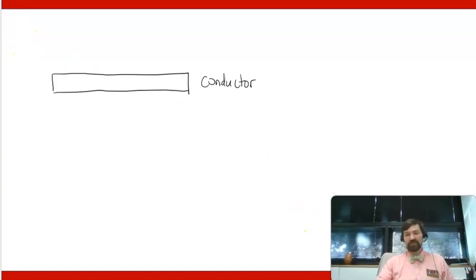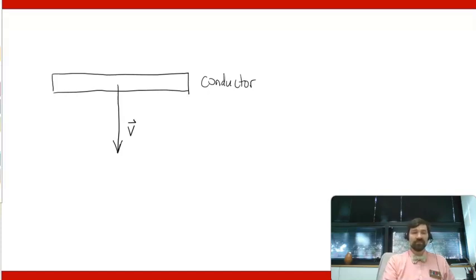Now let's assume that I'm allowing this conductor to move. It could be falling, it could just be moving in general. Let's say maybe it's sliding with some constant velocity v.